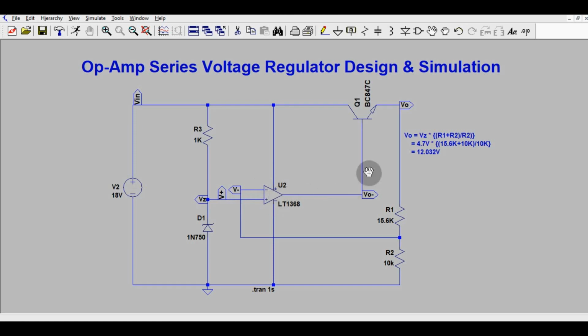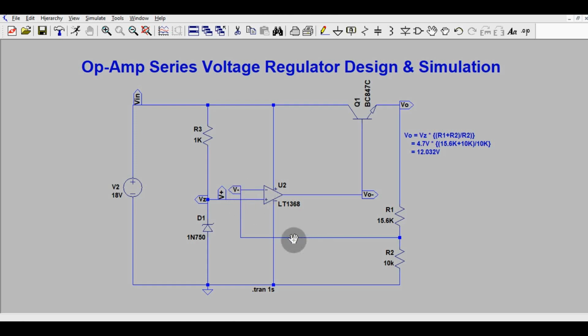Its output is connected to the base of this NPN transistor BC847, and the emitter is connected to the output terminal. This is the V out, the output voltage of your power supply, and this is the feedback section, connected to the inverting terminal of the operational amplifier, that is V minus.